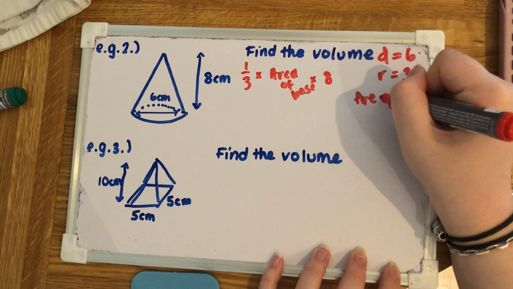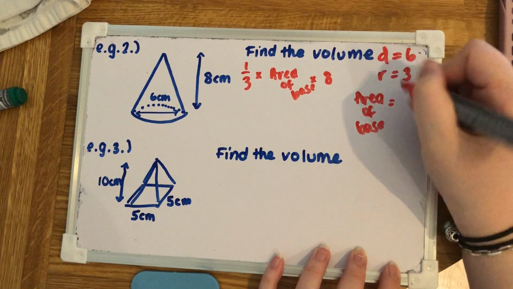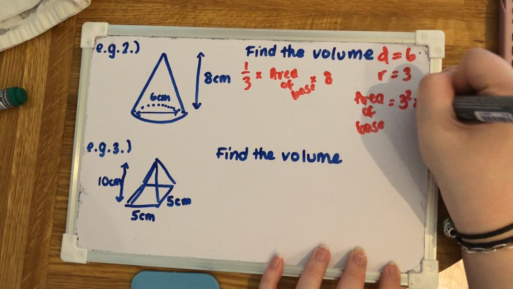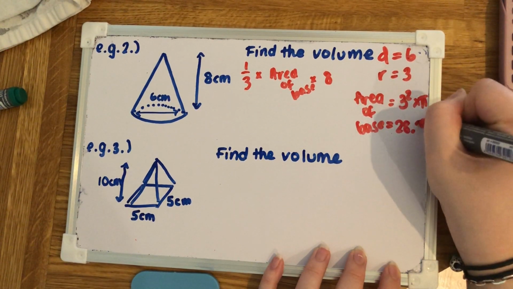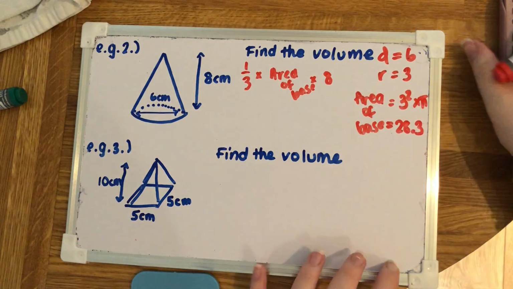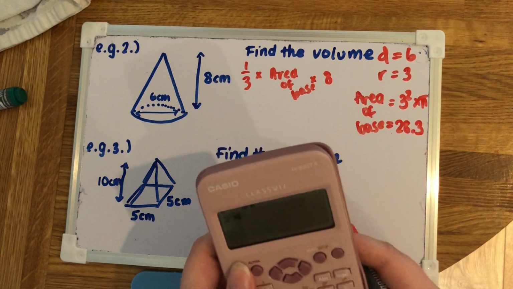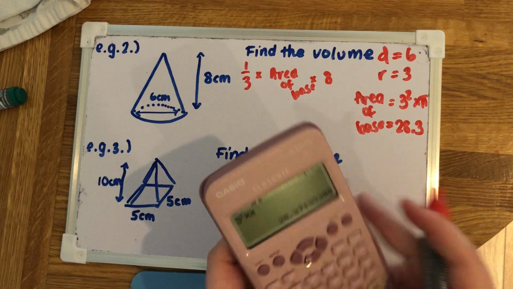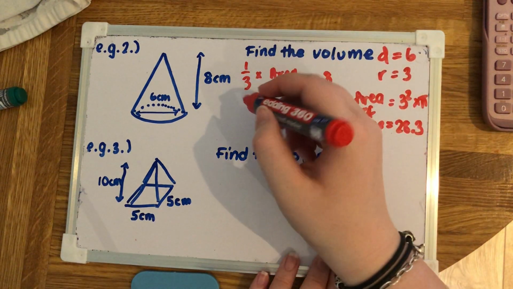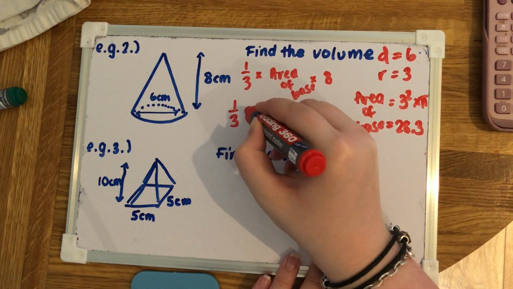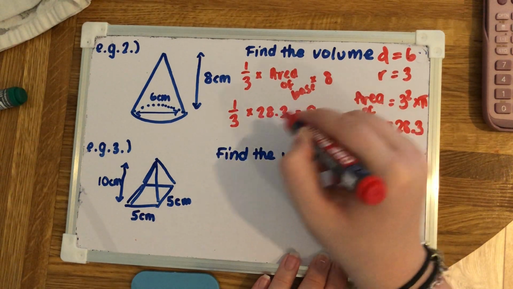So the area of the base is going to be the radius squared times by pi, which you can type in a calculator, and it'll be 28.3. Let me quickly check that. Yep, 28.3. Then we put it into this formula: 1/3 multiplied by 28.3 times by 8.